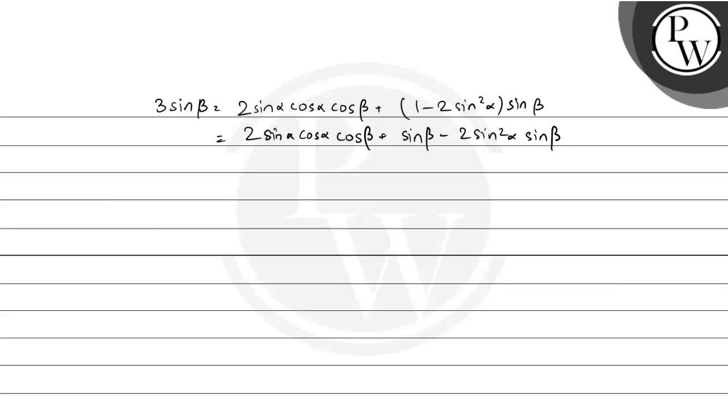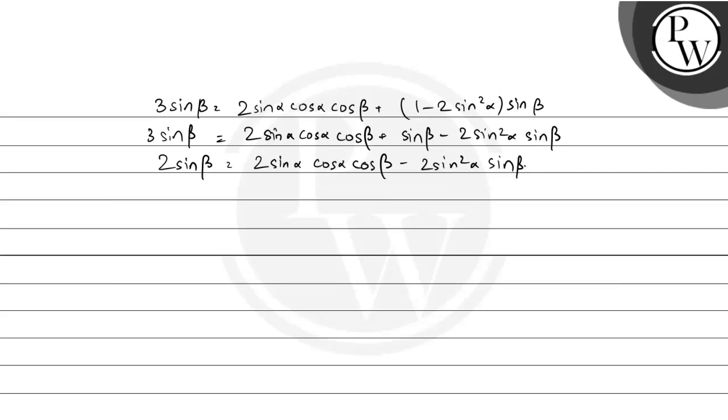I'll bring this sine beta on the LHS where we have 3 times sine beta, and this becomes 2 times sine of beta is equal to 2 sine of alpha cos beta minus 2 sine square alpha sine beta. And we have 2 sine alpha as common in both the terms on the RHS.